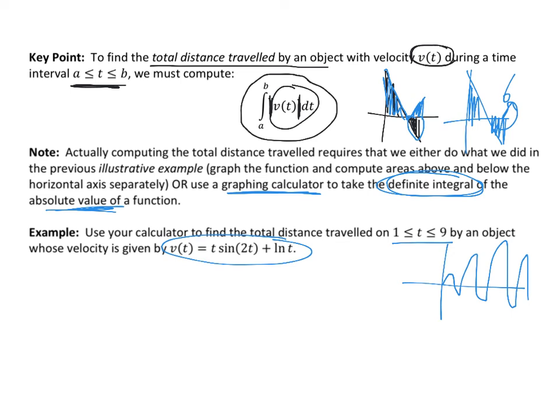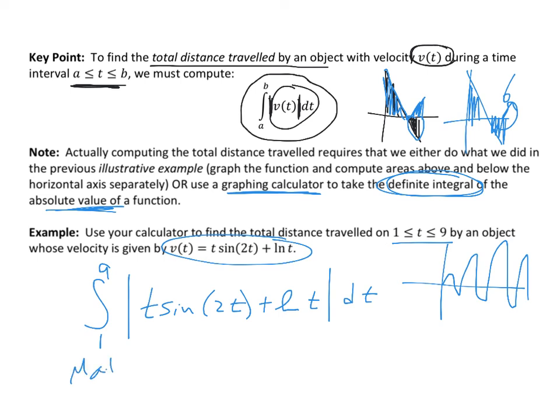But we can do the integral from 1 to 9 of the absolute value of t sine 2t plus natural log t dt. And on your calculator, if you're wondering about how to put this in, you can do math 9, and that brings up your integral. So we do math 9 to get the integral part to come up. And then you put in your bounds, your 1 and your 9. Okay.